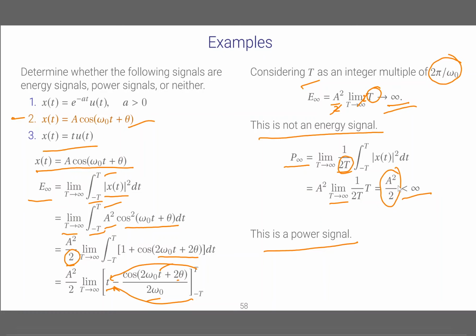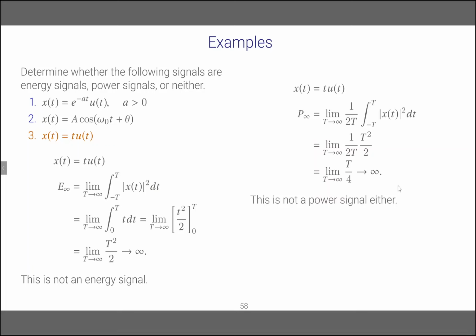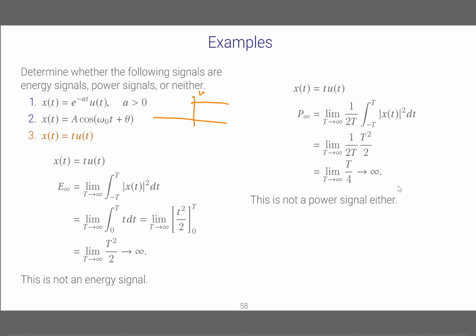Then let's consider a signal that is neither an energy signal nor a power signal. So this is x(t) equals t u(t). If we plot that signal, u(t) is like this, t is like this, and when you multiply them you get this growing signal that grows with time. So this part becomes 0.